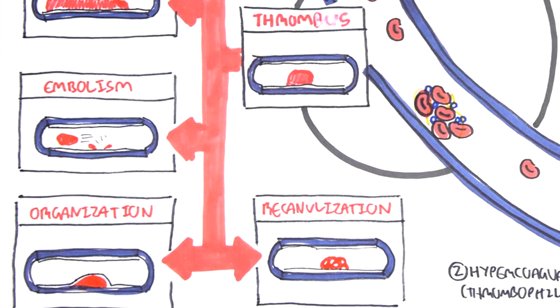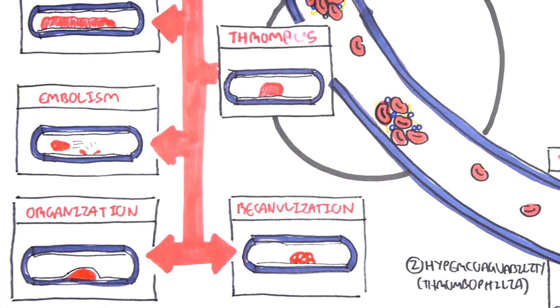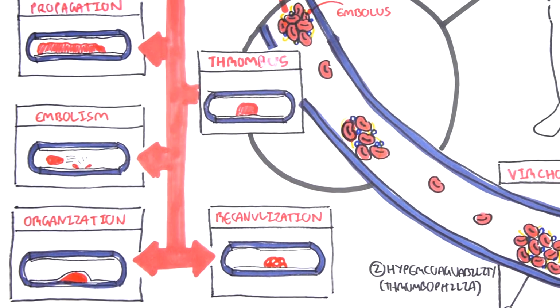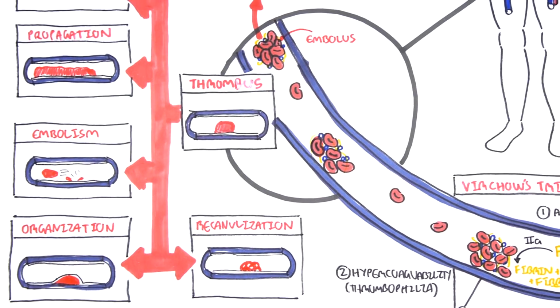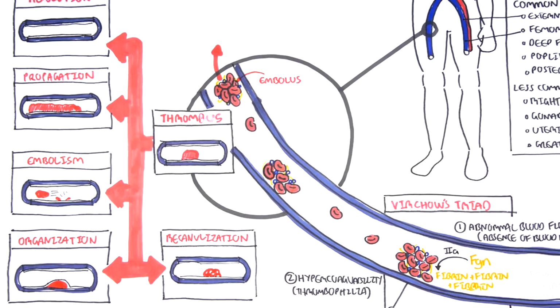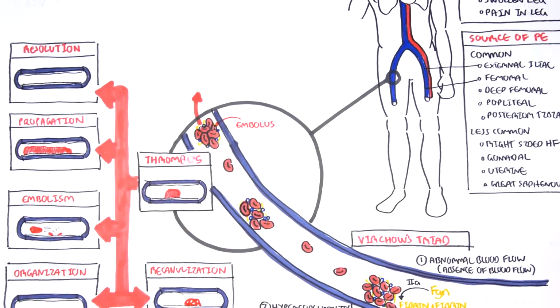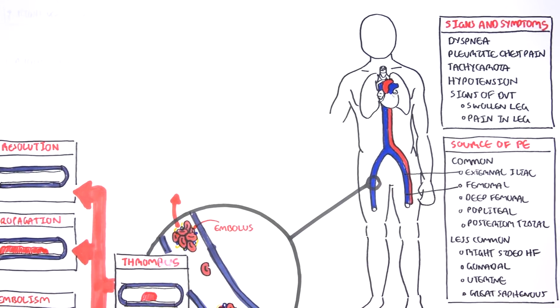A thrombus can also recanalize, essentially having holes in it, changing its structure. And then it can organize, and this essentially means the thrombus goes within the layers of the vessel wall. In this video, we will mainly focus on embolism, so when the thrombus breaks off.